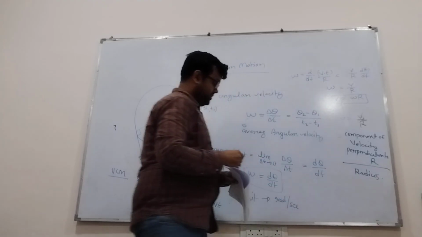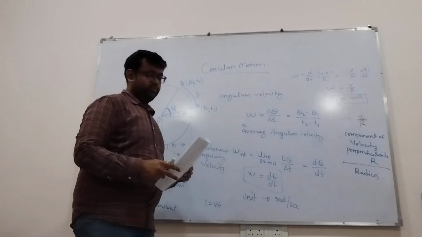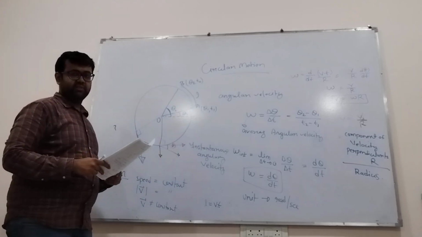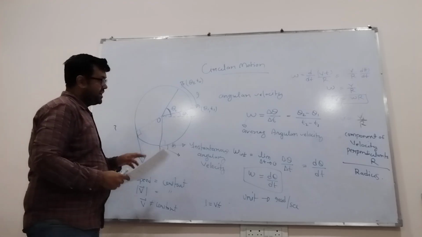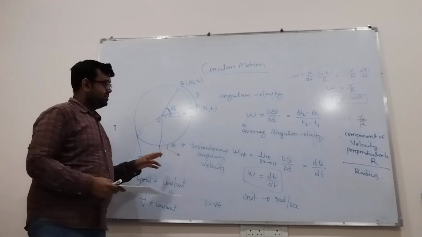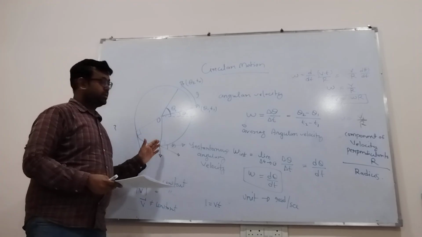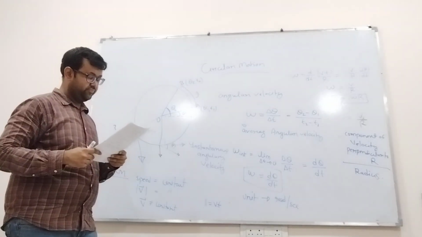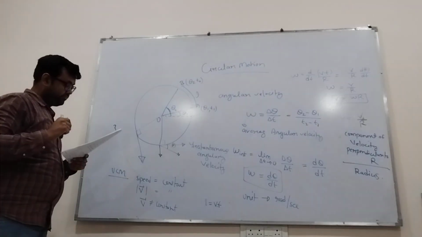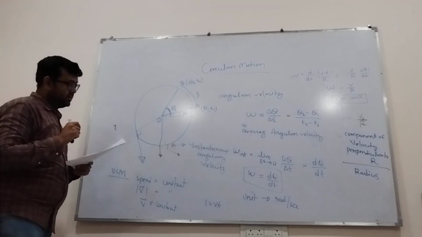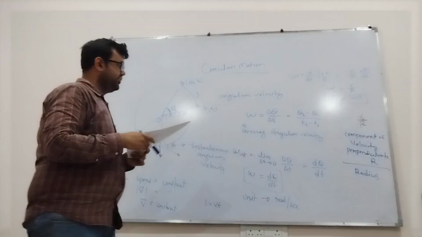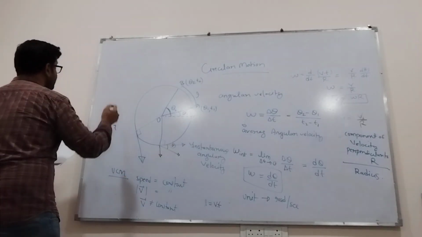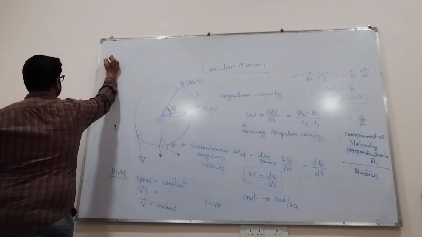So when we calculate the omega, when the velocity is given, we have to check that the velocity given is perpendicular to that radius r or not. Let me show you with an example.